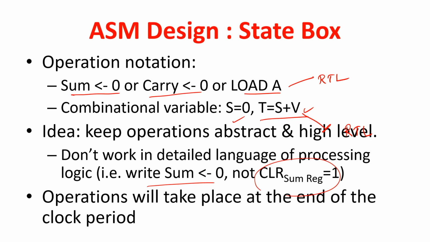Operation will take place at the end of the clock period. This is one of the most important things: operation will take place at the end of the clock period, not the beginning. Whenever it reaches the state box, we will define an ASM block. In a cycle the whole ASM block gets executed at the end of the cycle, which we will define later.